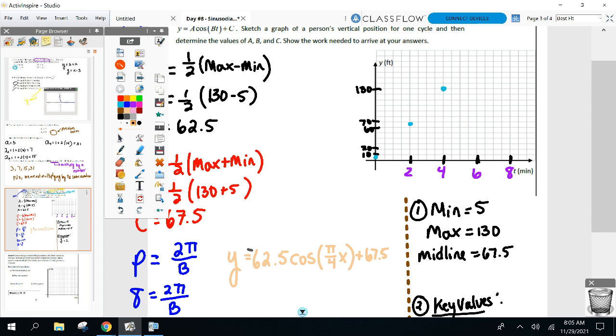Back to the midline. And we end at the minimum in this case. Usually we end at the max, but we're flipping it to end at the minimum. And there's your Ferris wheel.